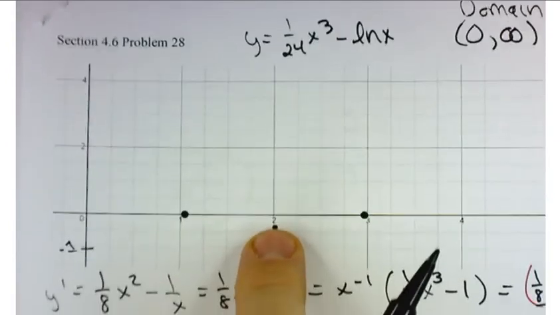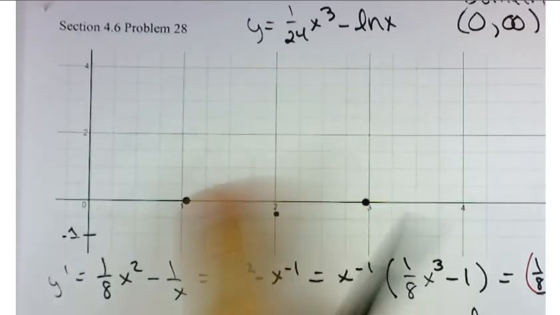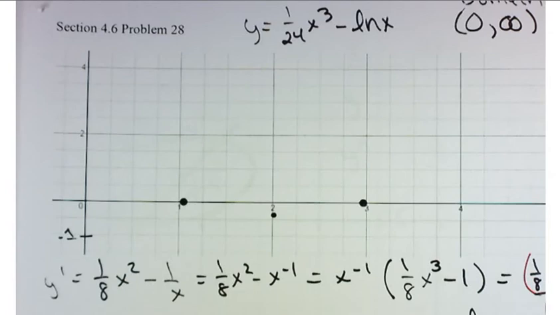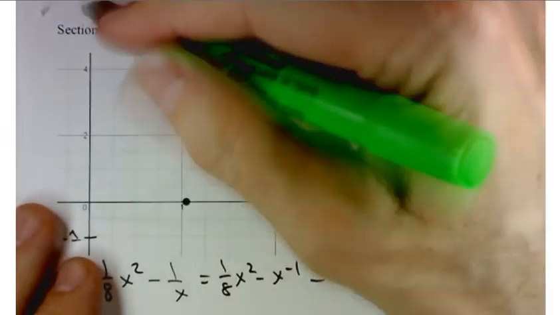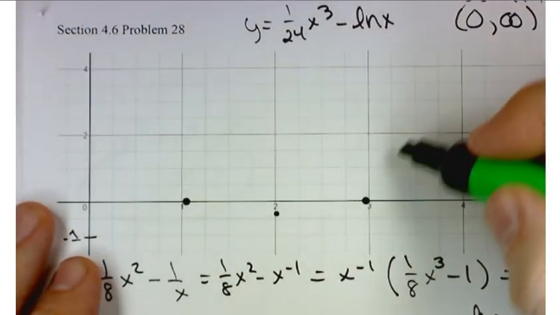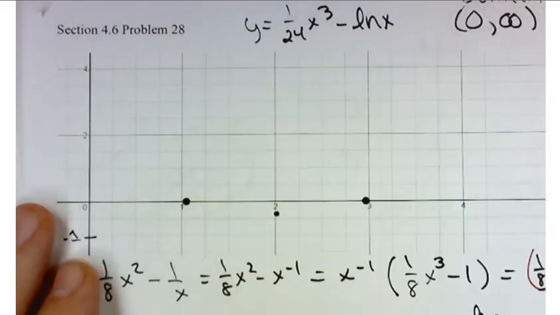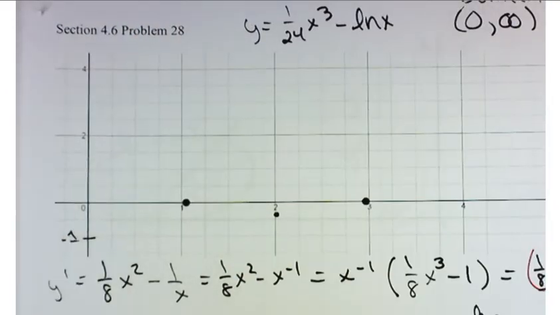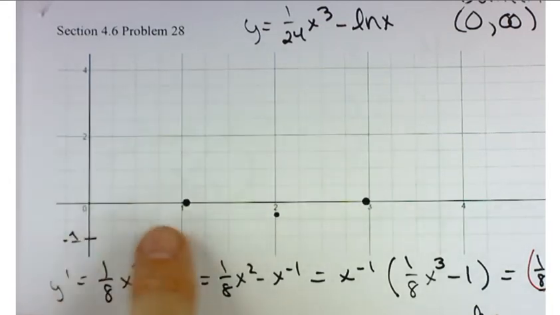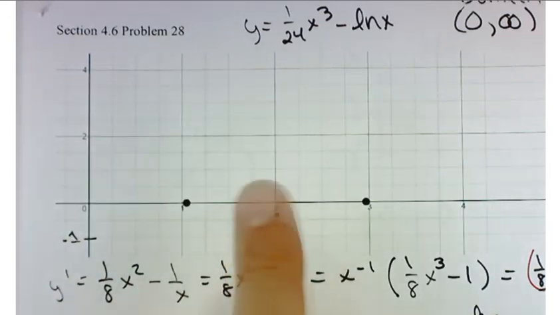Well, we've come up with this point. I gave you these 2 points just because I wanted you to be able to draw a nice graph. But look, you take out your graphing calculator. What's going to happen is that the graph is going to get closer and closer to the y-axis. It actually has a vertical asymptote at the y-axis, but it has a minimum point right there.